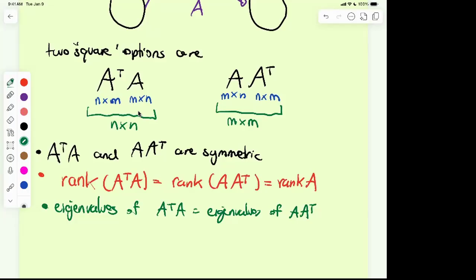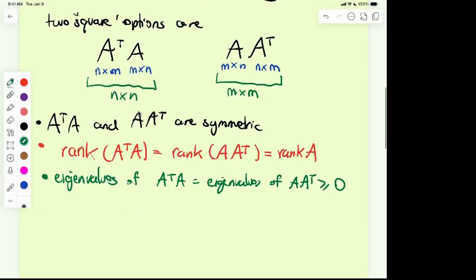The other cool thing is that all these eigenvalues are non-negative, right? And that's where the singular values are defined: they're just the square roots of the eigenvalues.